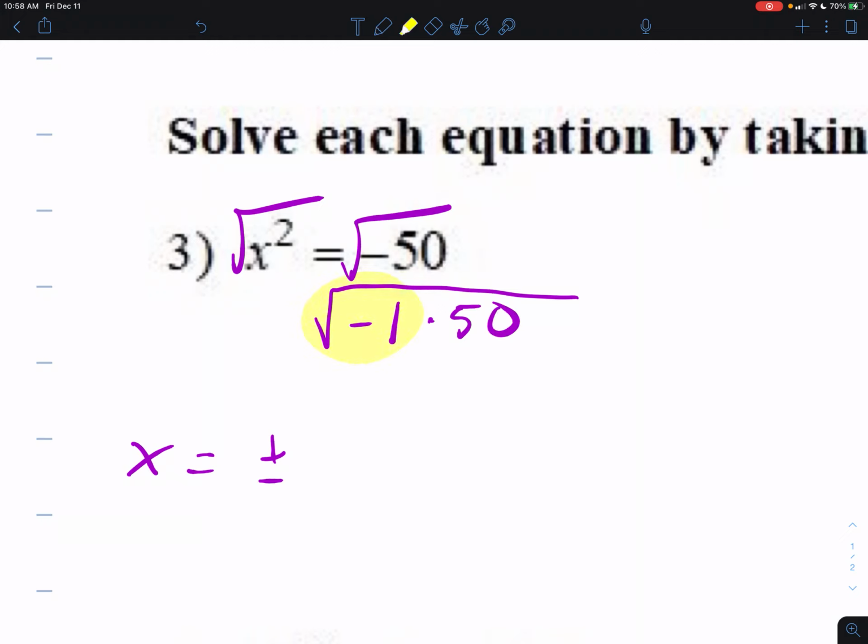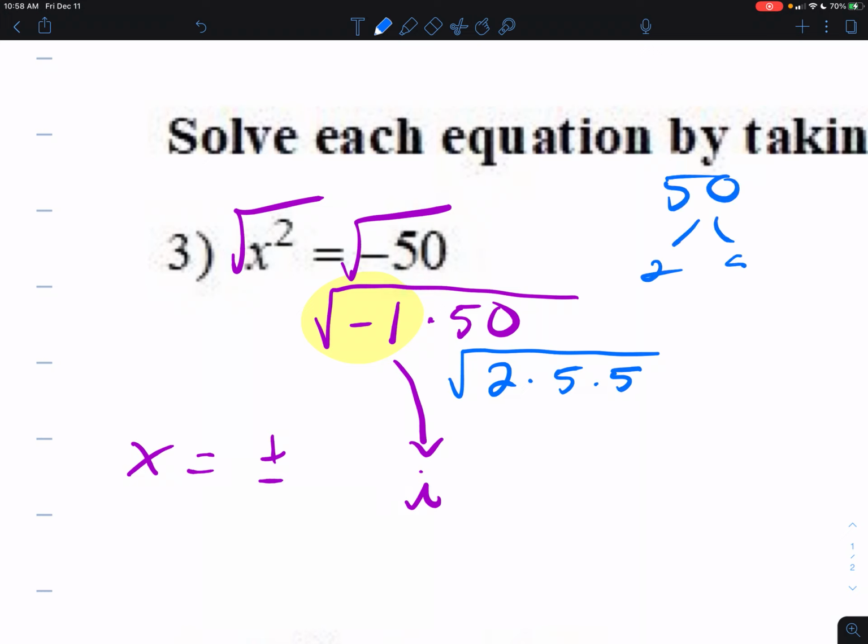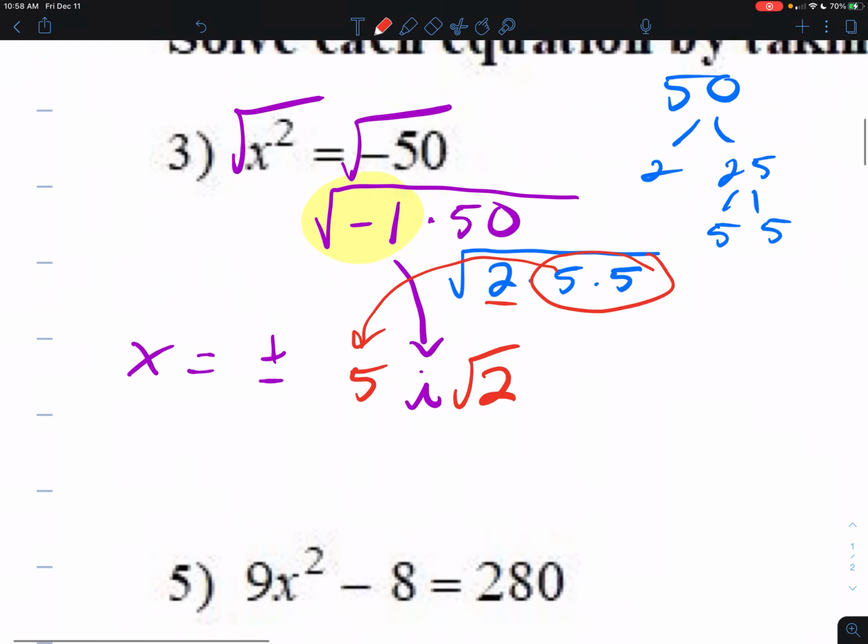And the square root of negative 1 is i, so we can bring that down. And now we need to break up the 50. 50 is 2 times 25, so that's 2 times 5 times 5. You can make the factor tree if you want. So we have a pair of 5, so a 5 will come out, the 2 will stay home. So our final answer is x equals plus or minus 5i radical 2.